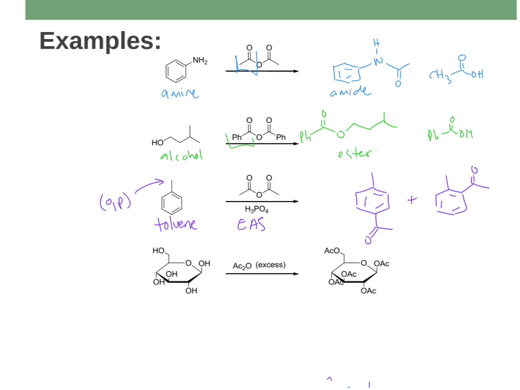And then lastly, I have this reaction down here. This is a common one for sugar chemistry. This is glucose, specifically in its beta form, but that's irrelevant. We'll talk more about that later. And here, see that Ac? Again, that Ac stands for acetyl. And that acetyl is that CH3, double bond O, whatever piece.